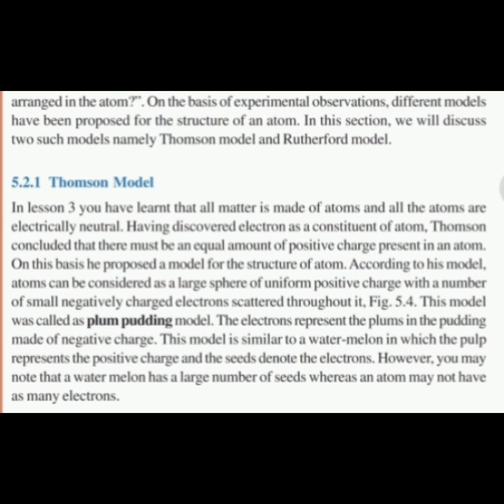On this basis, he proposed a model for the structure of atom. According to his model, an atom can be considered as a large sphere of uniform positive charge with a number of small negatively charged electrons scattered throughout it. Figure 5.4. This model was called the plum pudding model. The electrons represent the plums in the pudding, which is positively charged.